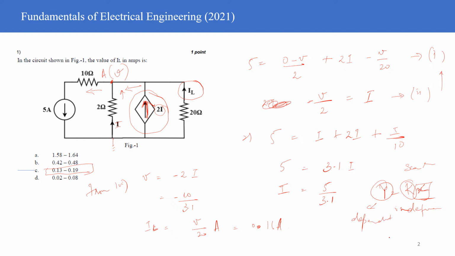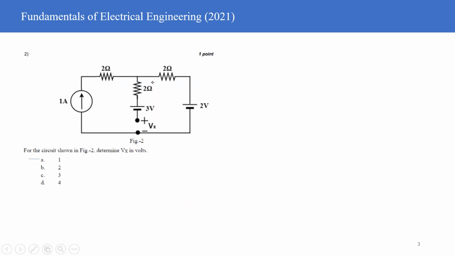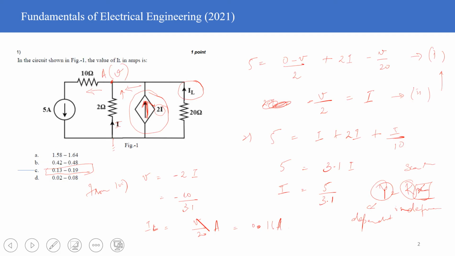So in this particular case, I was your dependent parameter, right? The current which is coming out here is your dependent parameter I, and it is dependent by a factor of 2. The scalar quantity is 2, and the thing it's dependent on is another branch current called I, capital I, right?